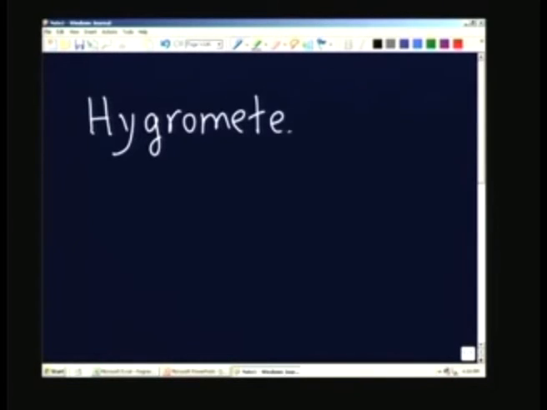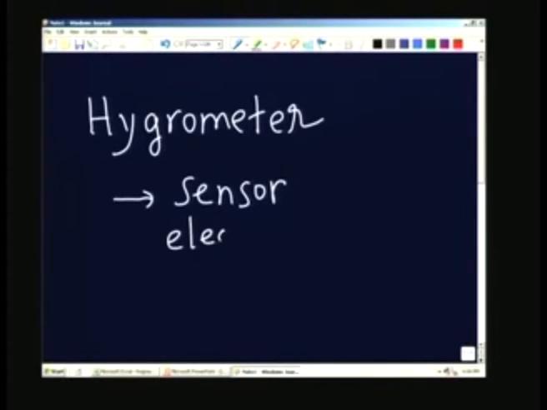A hygrometer uses a sensor, and we will not go into great detail. We just assume that there is a sensor with some property of the material used in the sensor, for example, the electrical resistance of the sensor element.